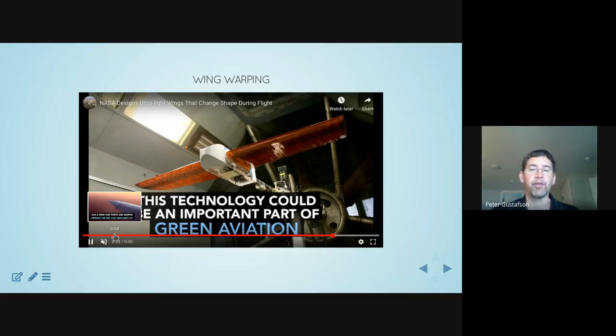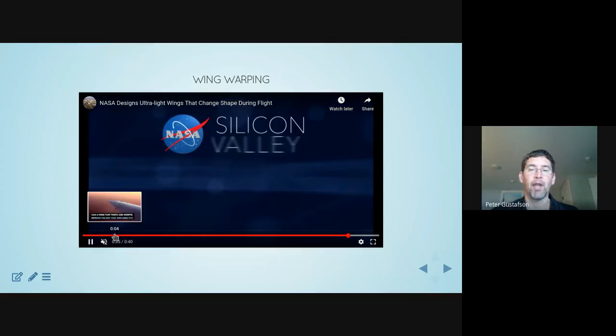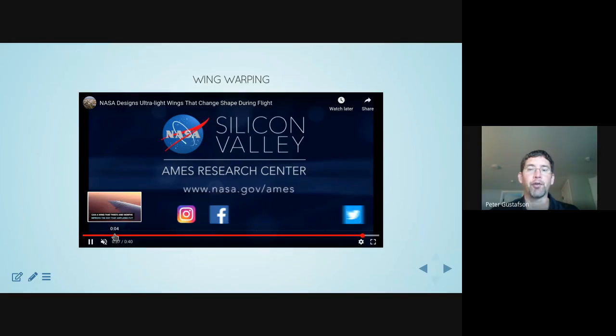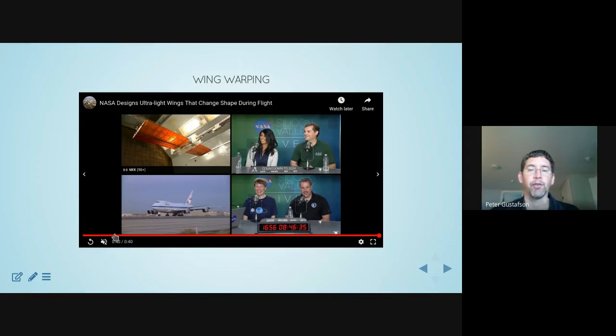This is a demonstration of that at the RC scale, and it decreases drag penalties associated with things like ailerons. That is one example of an enabling technology of the future. If that gets us a few more percent decrease in drag of the aircraft, that obviously increases the performance of that aircraft.